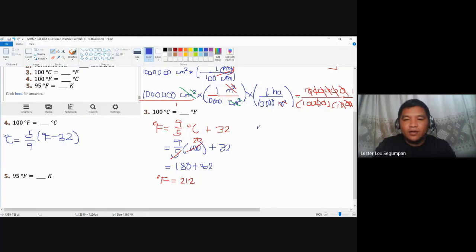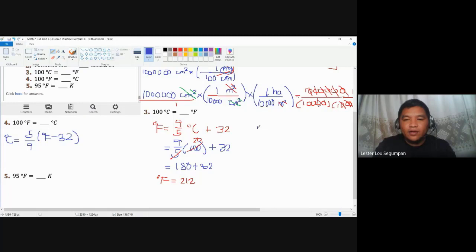So you have degree Celsius is equal to 5 ninths of the difference between degree Fahrenheit and 32. So you have 5 ninths of 95 minus 32, which is actually 5 ninths of 63. 63 can be divided by 9, that's 7.